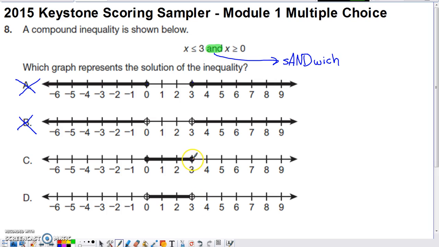Therefore, we're allowed to include +3 on our graph, and we denote that on the graph by filling in that circle. Similarly, x is allowed to equal 0 because of this little piece of that inequality, and therefore we want to include 0, fill in that circle. We don't want open circles. We're ruling out choice D, and our answer for this one is definitely going to be choice C.